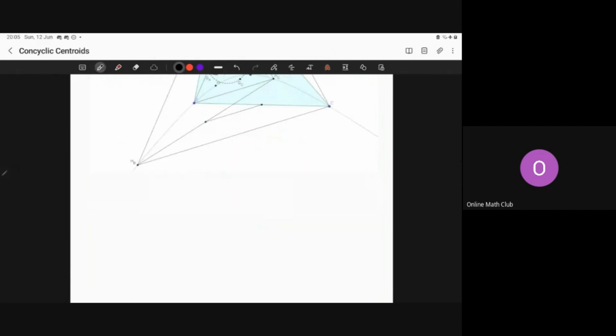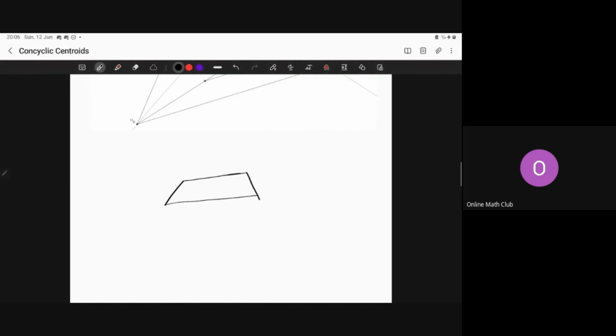Now here's the thing. Again from Brocard's theorem, we can say one nice result about a trapezoid inscribed in a conic. So let's say C is a conic through the trapezoid ABCD.